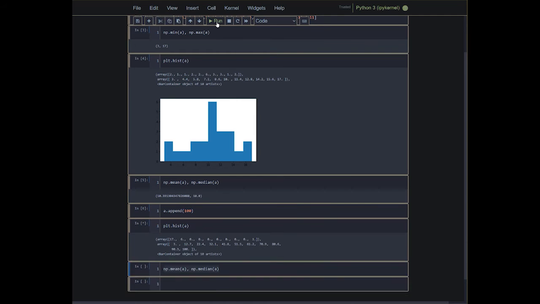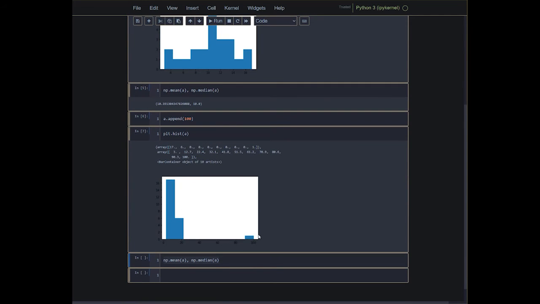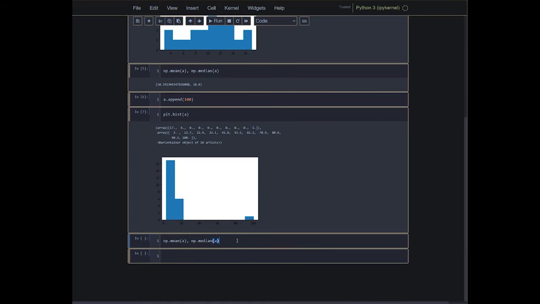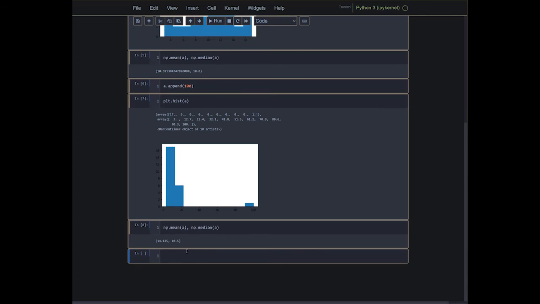Let's look at the distribution again. So here is the outlier, which can be considered an extreme outlier. Let's look at the mean and the median value again. So the mean value is now 14.125, but the median is 10.5. Let's compare these values with the earlier ones.